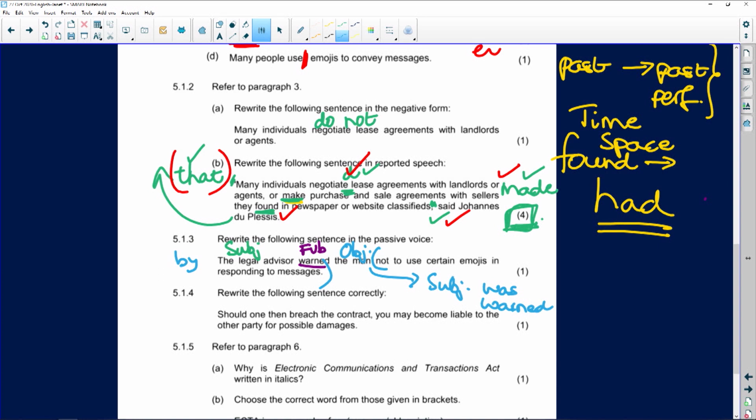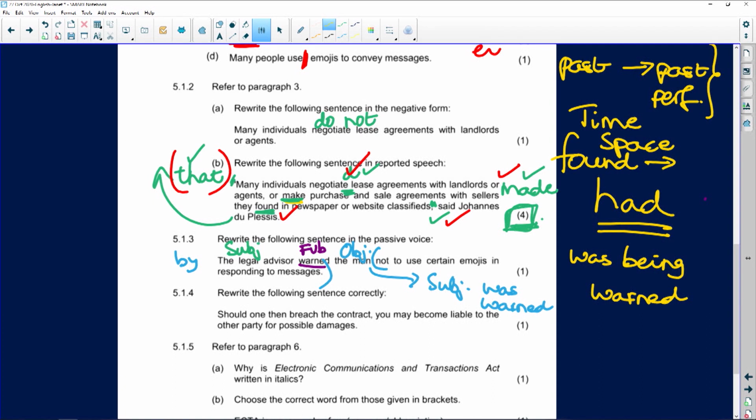Don't change the tense. So I was saying to Mbali that I got a question by email saying, can I say was being warned? No, because you've changed the tense. Warned is simple past. Was being warned is past continuous.